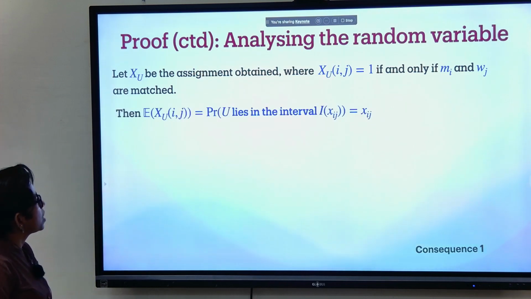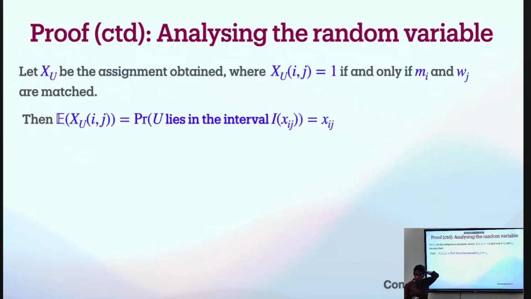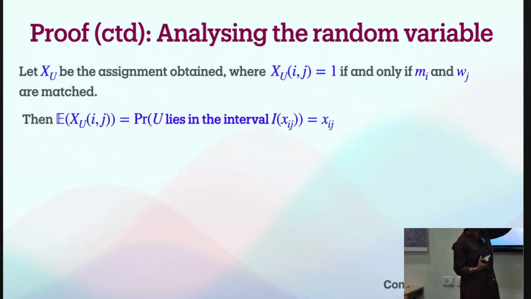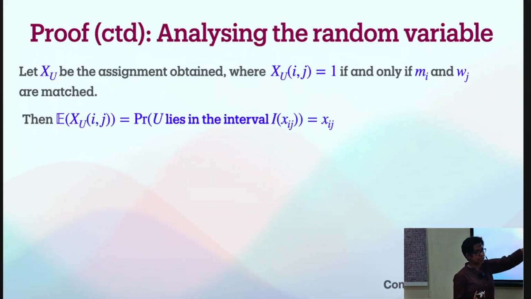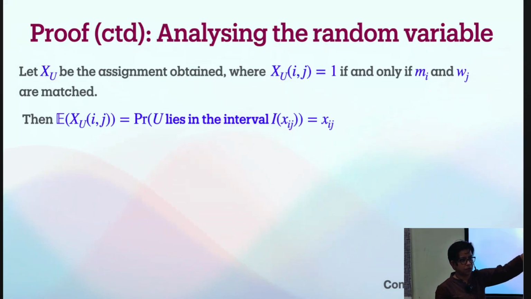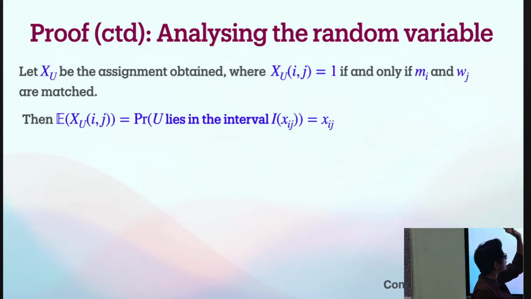All right. So now, can you see why this should be true? Why the expectation of the variable X_U ij should be this, basically a uniform, continuous probability, this thing, this x_ij.